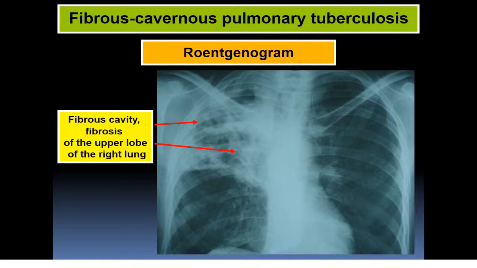And in the left lung, we can see formation of emphysema. This is a compensatory mechanism. One side decreases, other side increases.